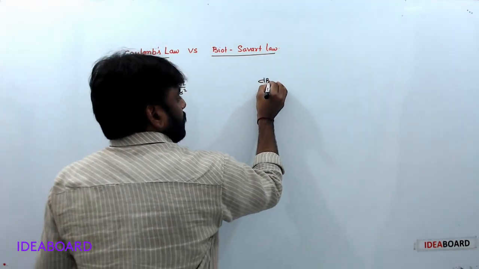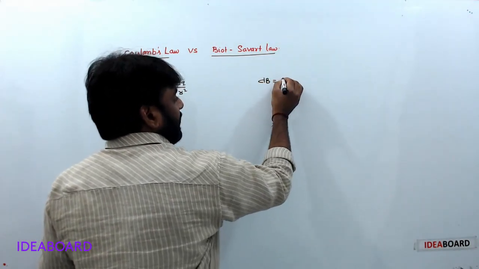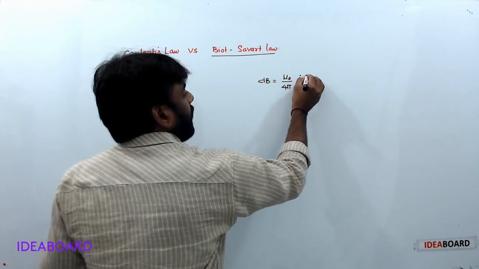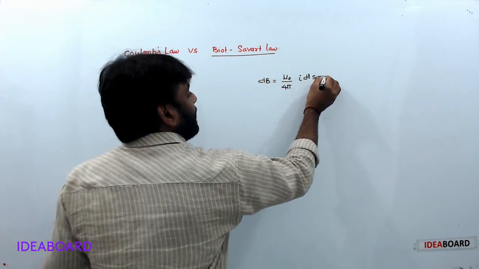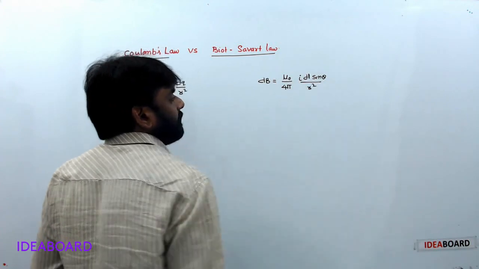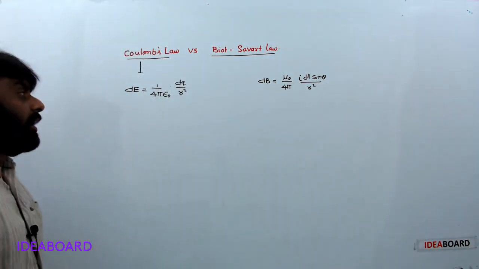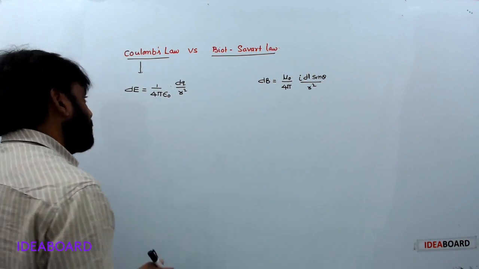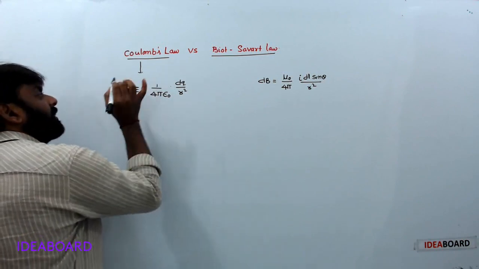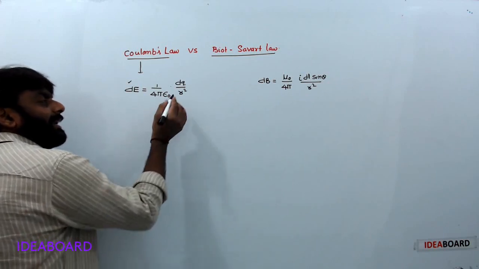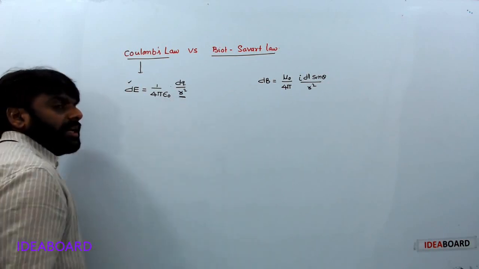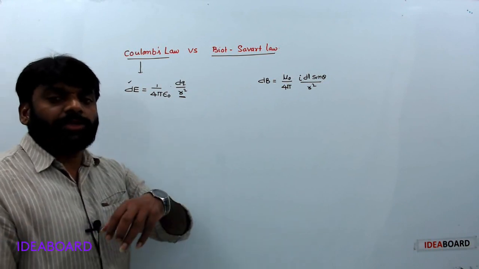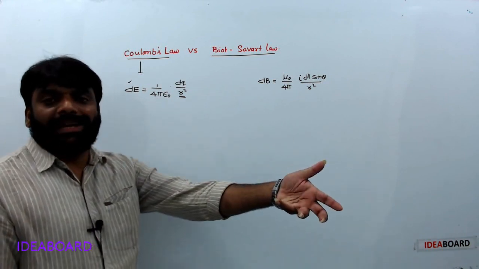Due to a current element in Biot-Savart law, magnetic field intensity is equal to mu naught by 4 pi, I dl sin theta by r square. First of all, the similarities. Here, the intensity is inversely proportional to the square of the distance from the source to where you want the field intensity.